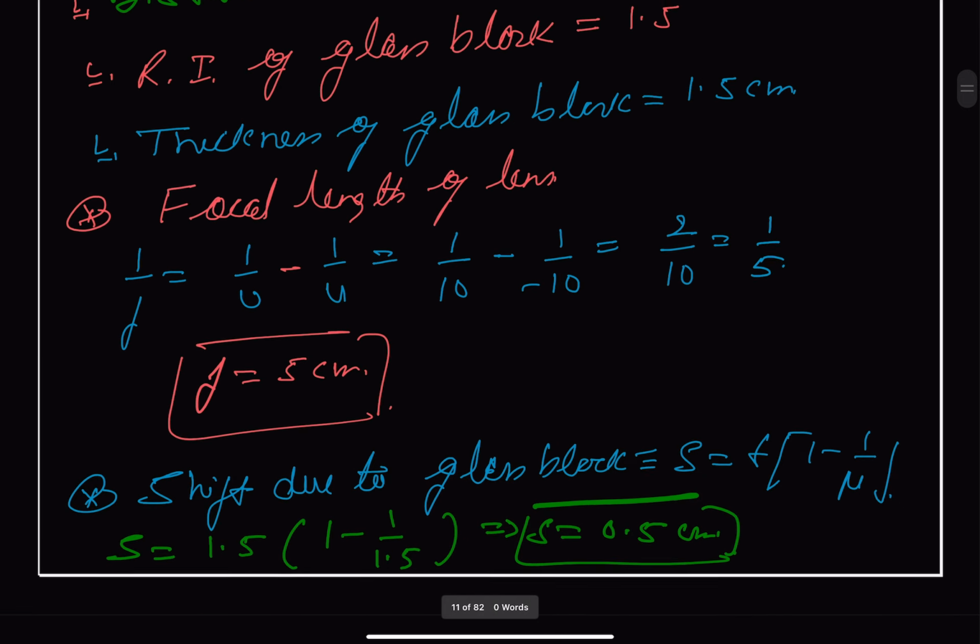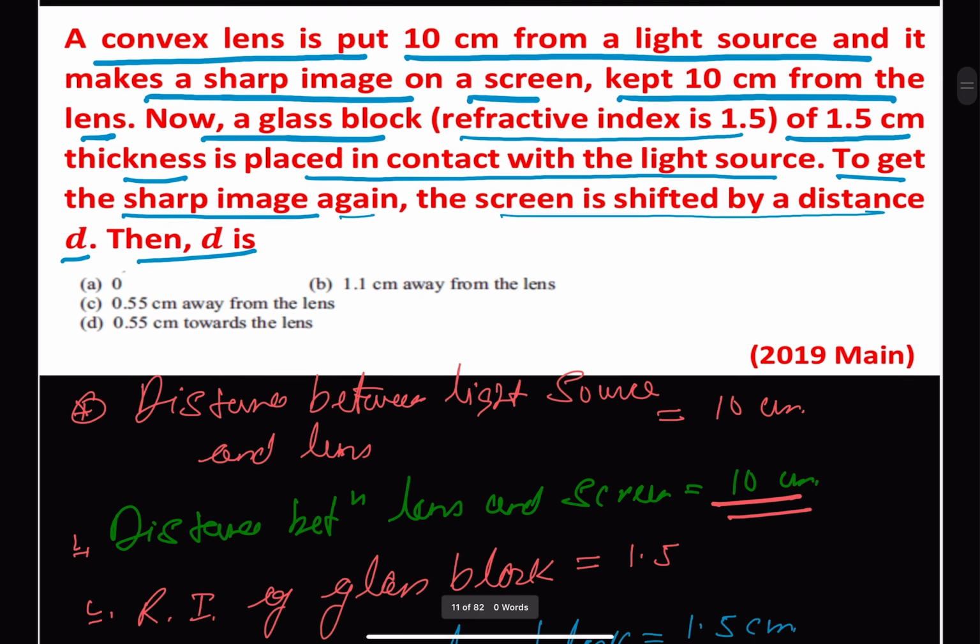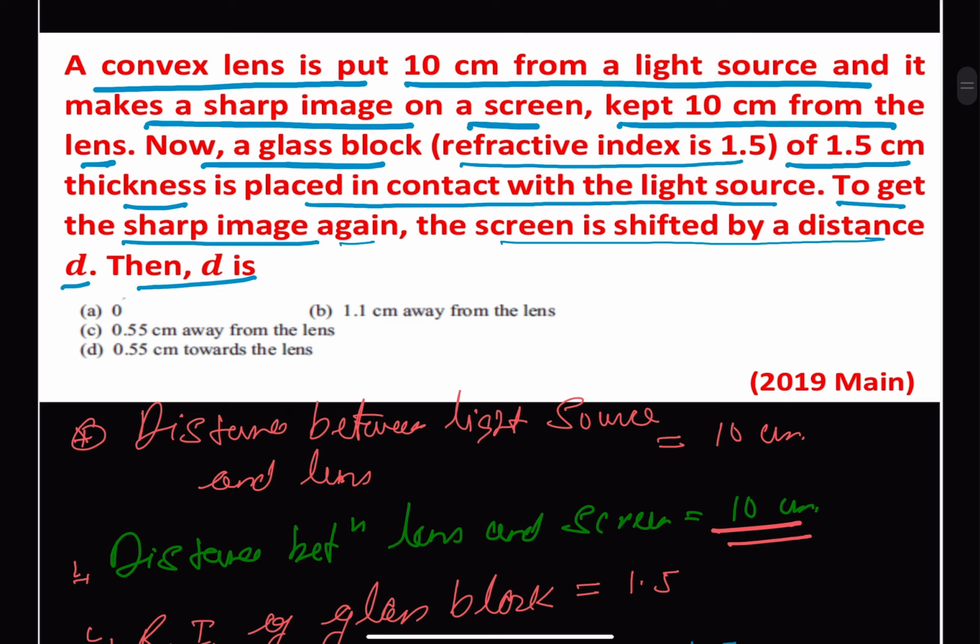And so this will be 0.55, and this will be away from the lens.